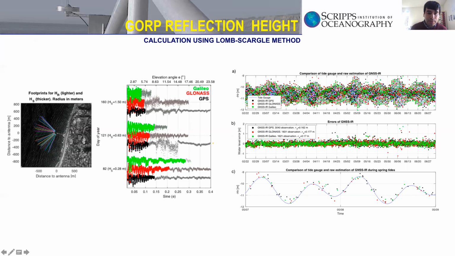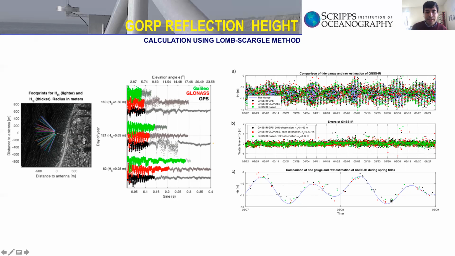In this top panel, you can observe a comparison between the water level derived from our reflection height and the measurements of a traditional NOAA tide gauge at the same pier. If we use the tide gauge record as a reference of the true water level, we can compare the errors of the GNSS interferometric reflectometry technique, which have a standard deviation of around 16 centimeters, which is actually not so bad.